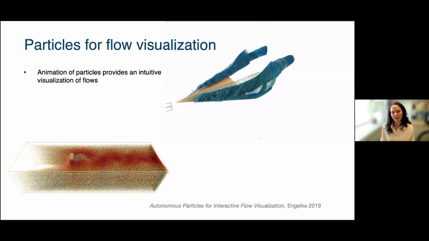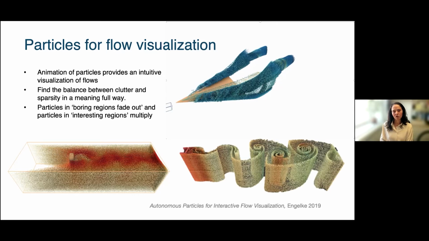If you do it in a naive way, you don't see anything, especially as particles are staying in places where not much is happening. Here you can also try to highlight regions of interest. What has been done here is that every particle has some life energy, and this energy drops if the flow is boring, and then the particle disappears and only stays if something is happening there.